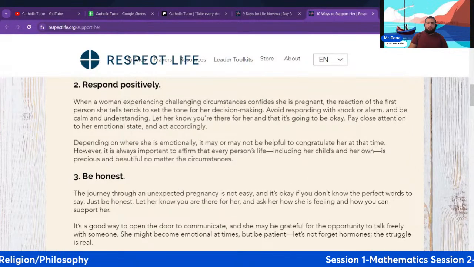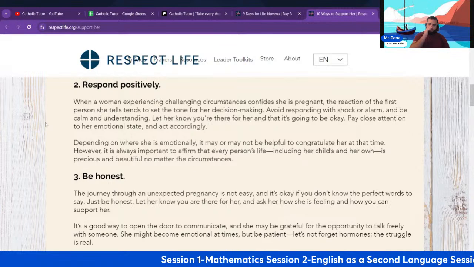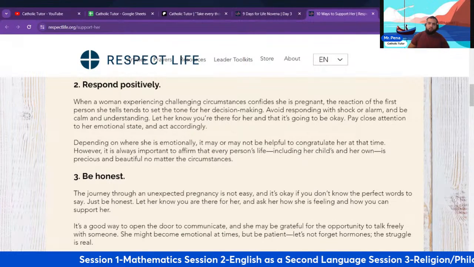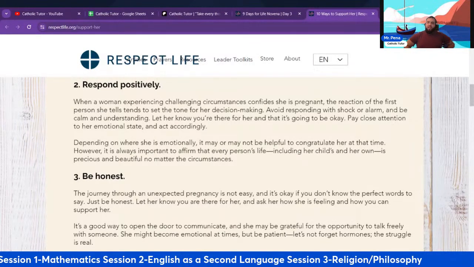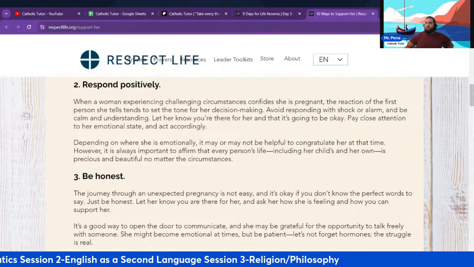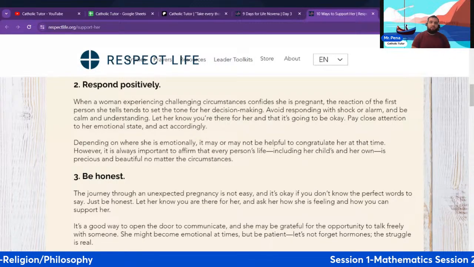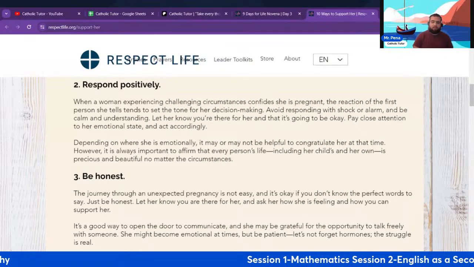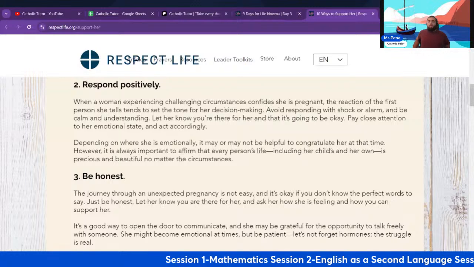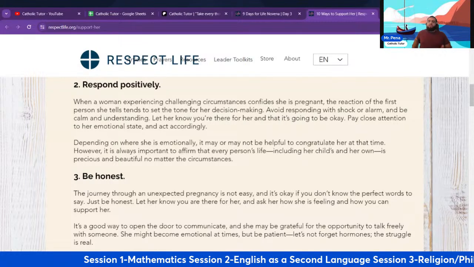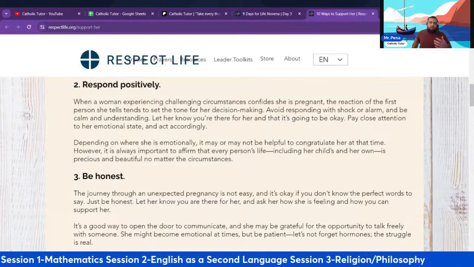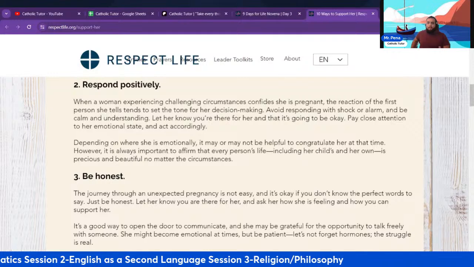Number 2, respond positively. When a woman experiencing challenging circumstances confides she is pregnant, the reaction of the first person she tells tends to set the tone for her decision making. Avoid responding with shock or alarm, and be calm and understanding.